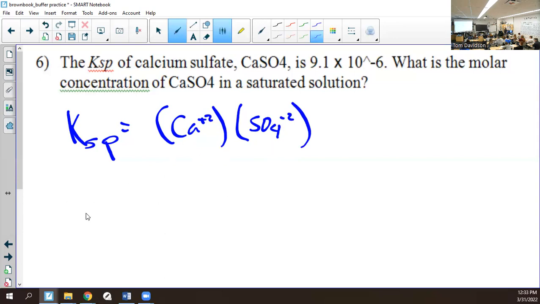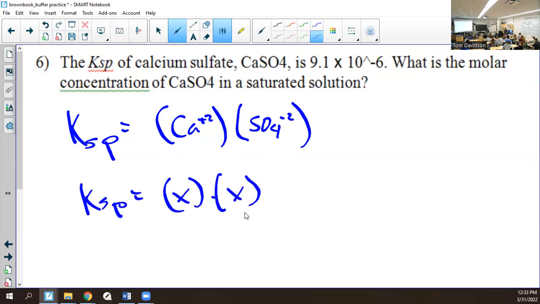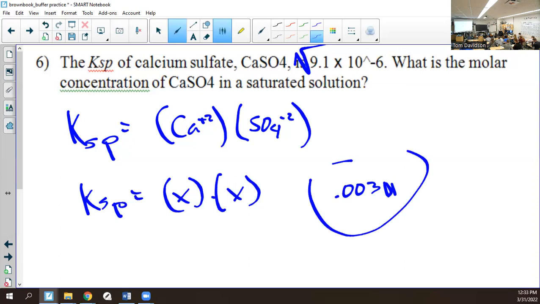So I don't know this value, so I'm going to say KSP is equal to X, but I do know that this is also the same number, or X squared. So all I have to do is take the square root of this, and it will give me my answer. And that would have been something like 0.003.